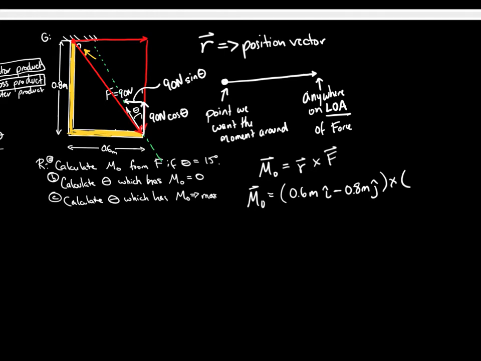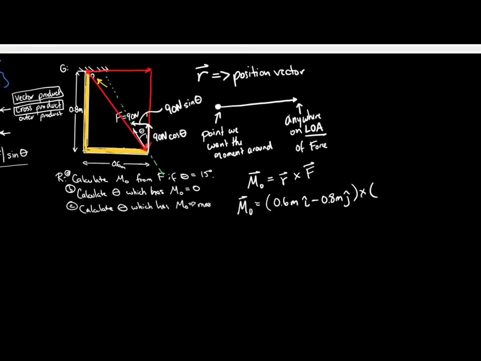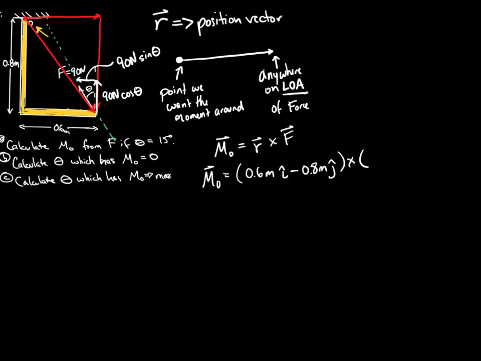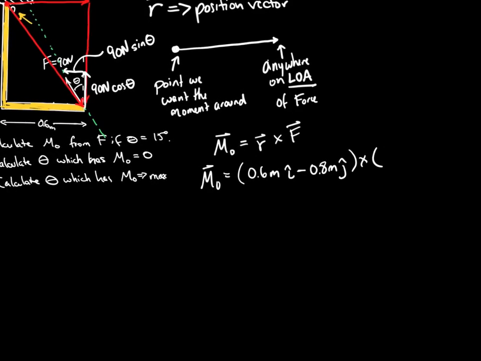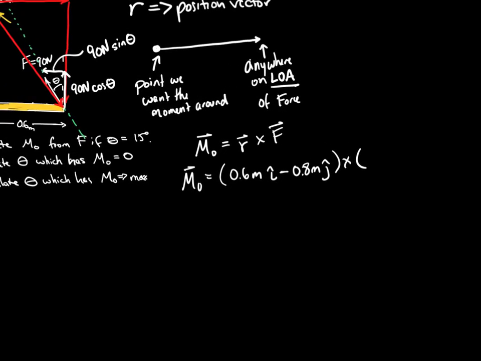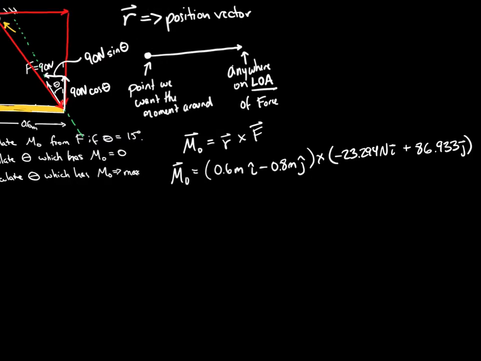I'll plug those into the calculator for 15 degrees, so I'll pause it for a second and just do that. Okay, so we get these fancy numbers, and again, I always keep 5 significant digits: negative 23.294 newtons in the I and 86.933 newtons in the J.